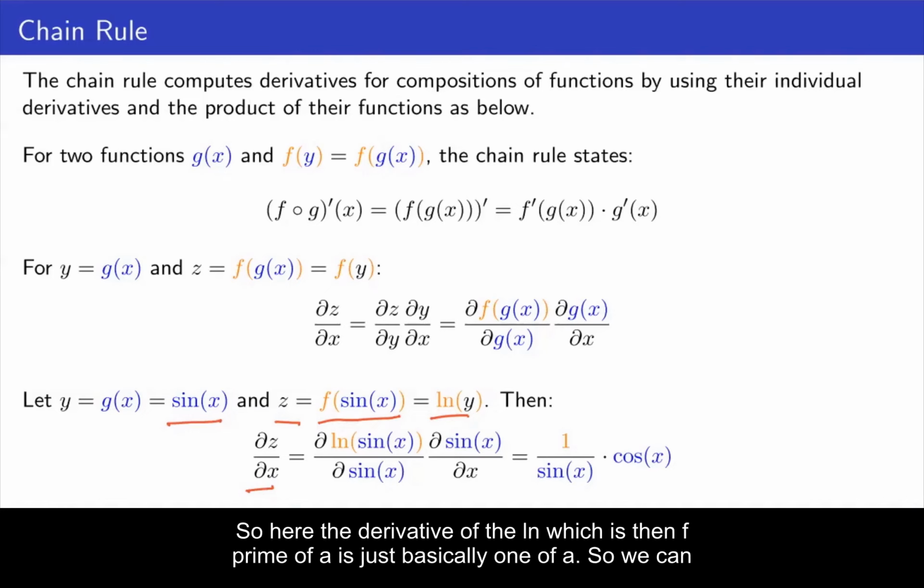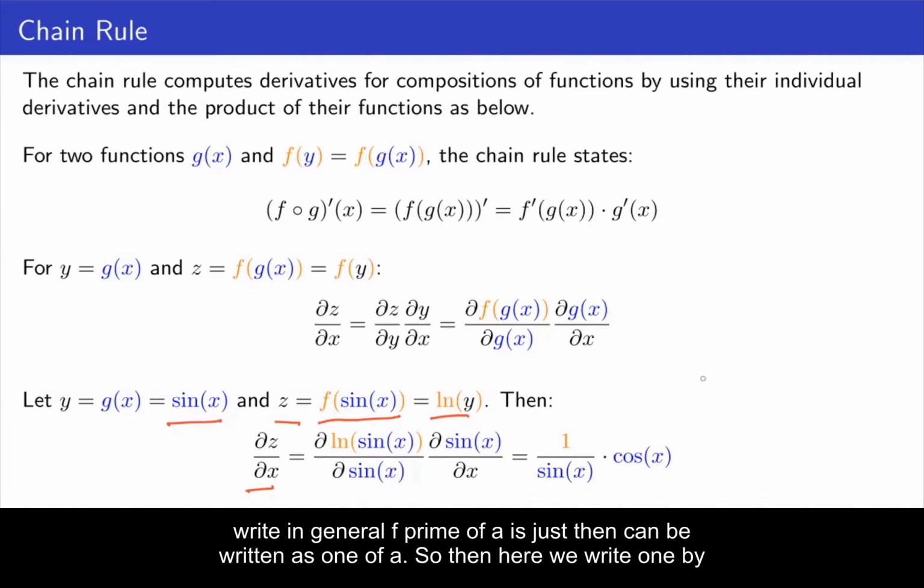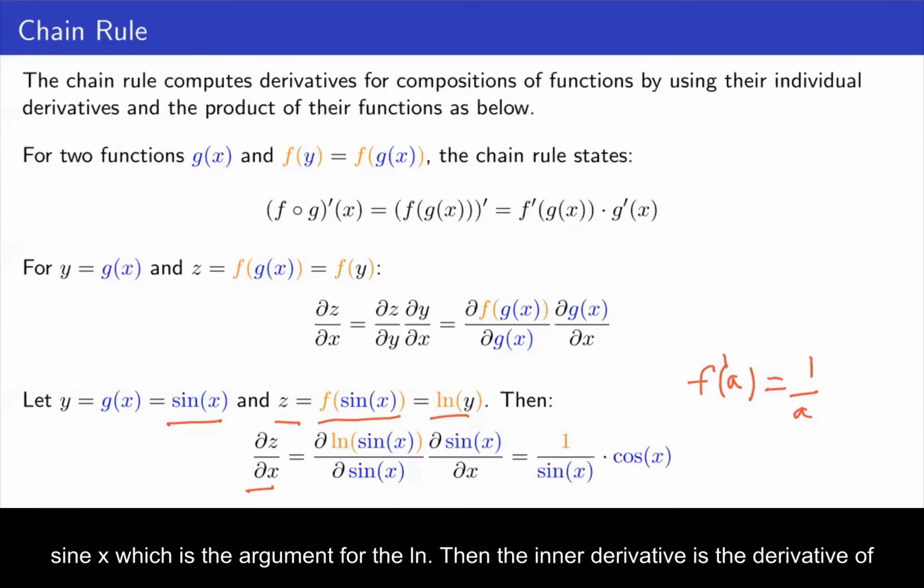Here the derivative of the ln, which is f prime of a, is just 1 over a. So in general, f prime of a can be written as 1 over a. Then here we write 1 over sine x, which is the argument for the ln.